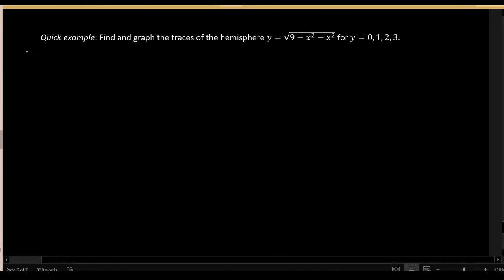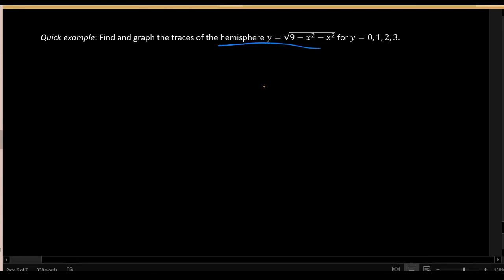Now, traces may be more appropriate in situations where either x or y is the isolated variable instead of z. For example, here we have an equation where y is isolated and it's equal to the positive square root of 9 minus x squared minus z squared. Now this is a hemisphere.